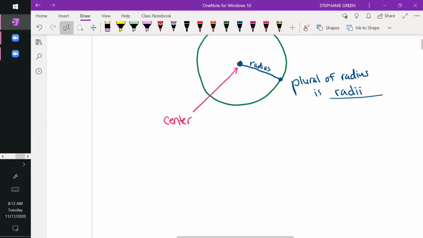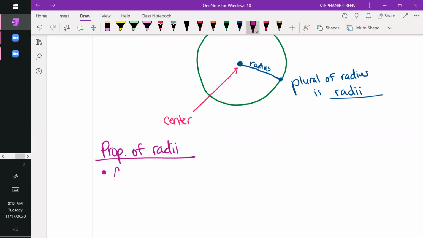So let's go ahead and write those down. These are some properties. So properties of the radius. Properties of radii. So all radii in a circle are the same length.